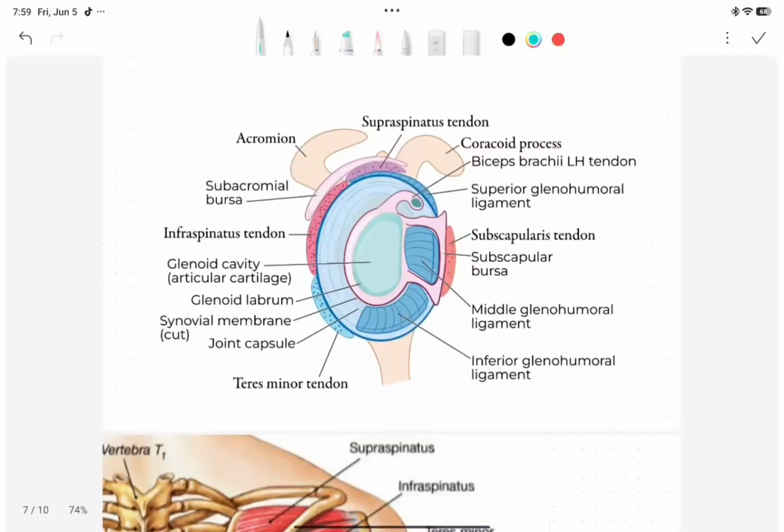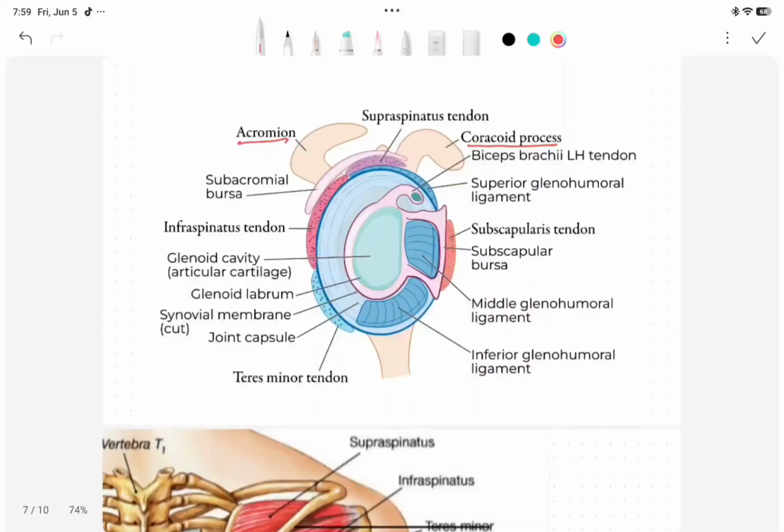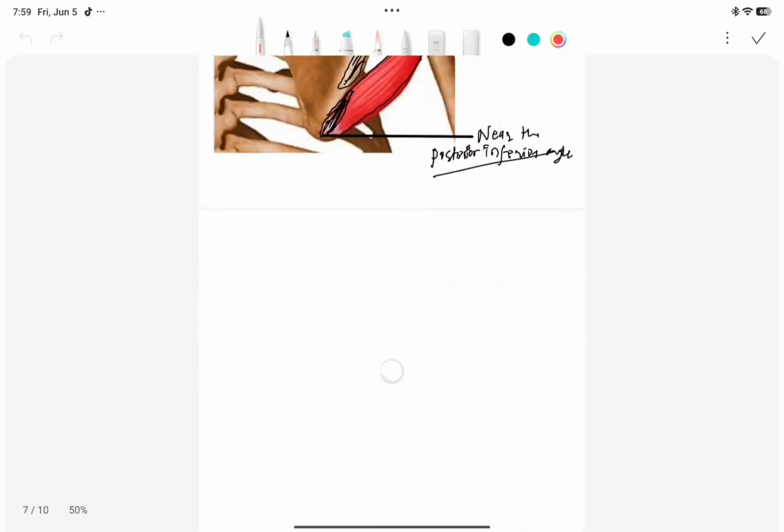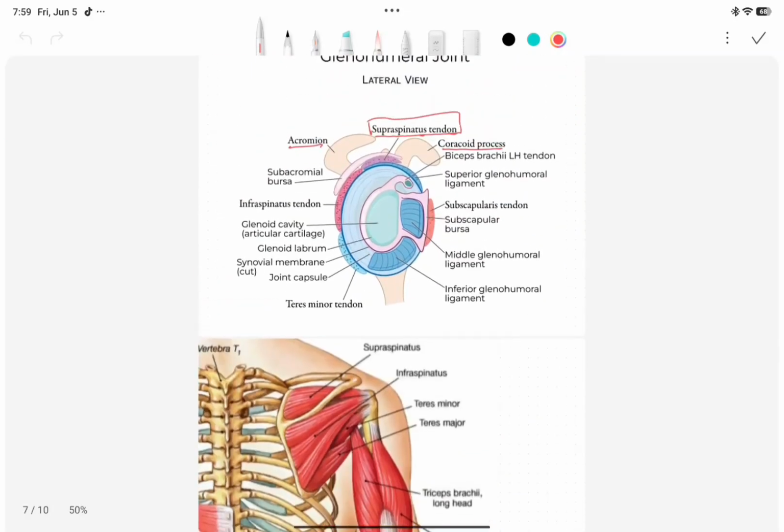Same figure. This is the coracoid process, and this is the acromion process. In the superior aspect of the head of humerus, there is insertion of the supraspinatus. So the supraspinatus tendon, the muscle is inserted into the bone with the help of the tendon.